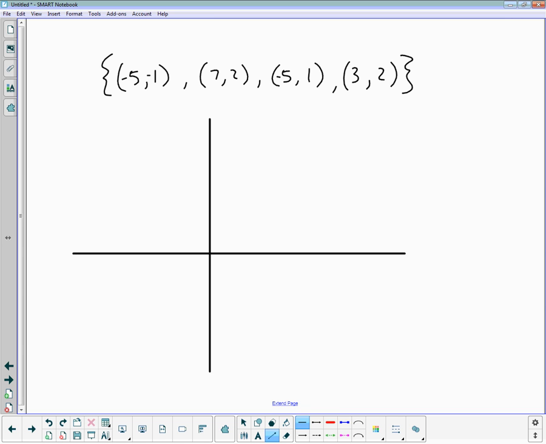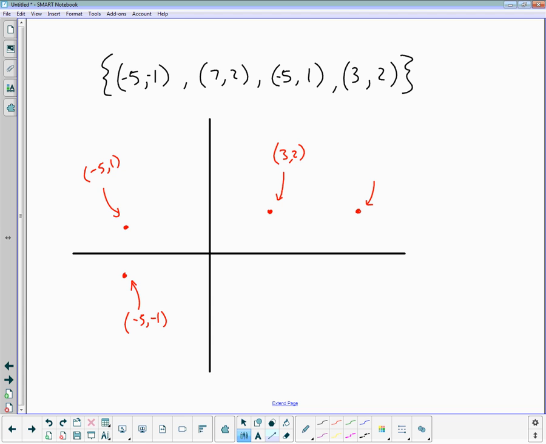So if I were to graph these, roughly speaking, it would look something like this. That's where everything would fit if you were to look at them on a graph, where I have (-5, 1), (-5, -1), (3, 2), (7, 2).